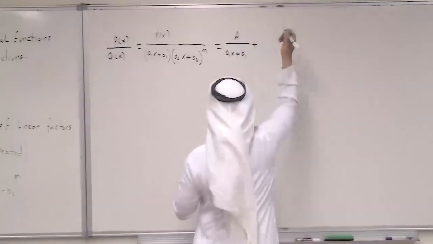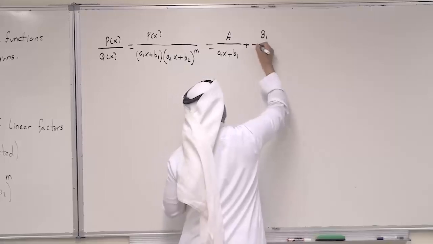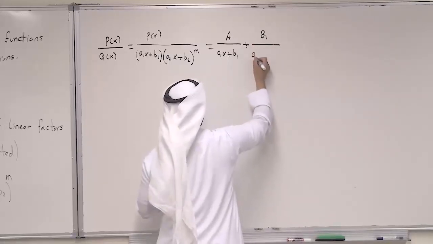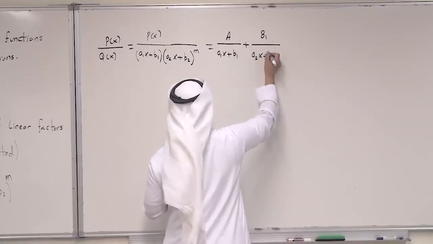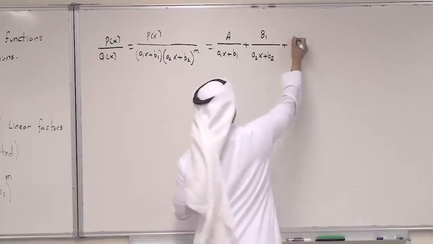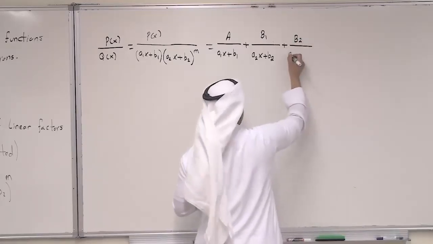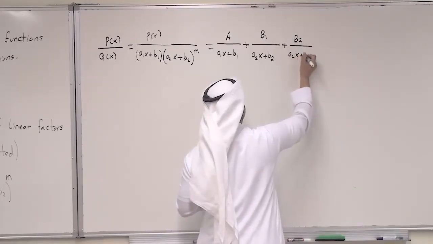Let us name the first constant B1, for example. So it is B1 divided by (A2x plus B2). That's the first one. Plus, we need another constant, let's call it B2. So it's B2 divided by (A2x plus B2), all squared.